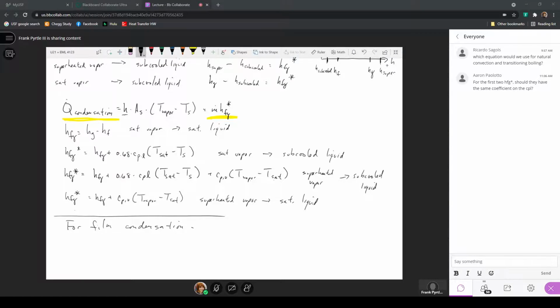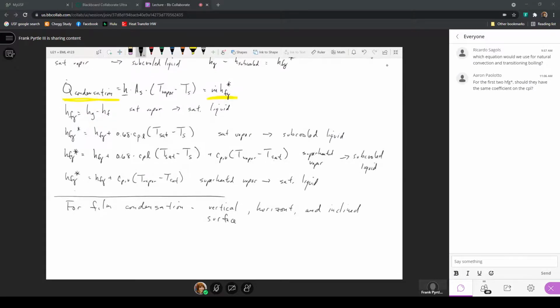Just to kind of group them, for film condensation, we consider vertical, horizontal, and inclined surfaces.